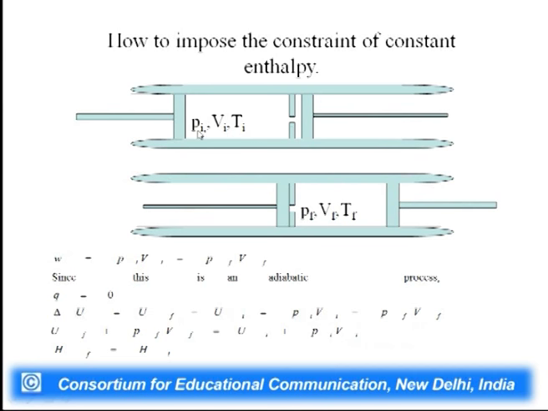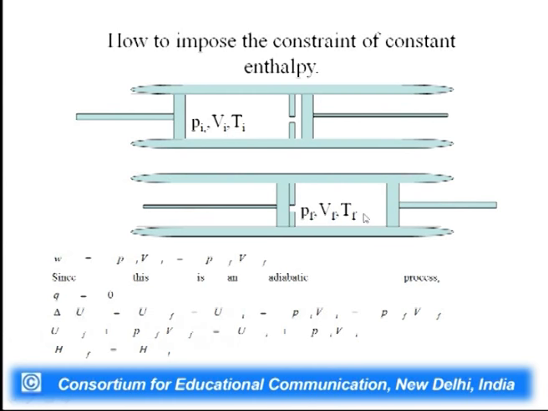Now, suppose this is your initial condition. All the gas is in this chamber which has pressure Pi, Vi, Ti, and there is no gas here. Now, suppose they are compressed so that all the gas passes to the second chamber with Pf, Vf, Tf.